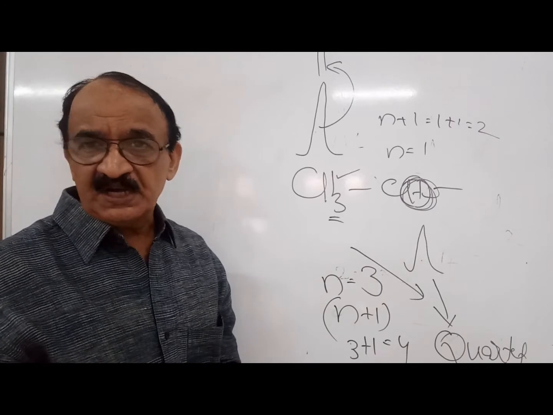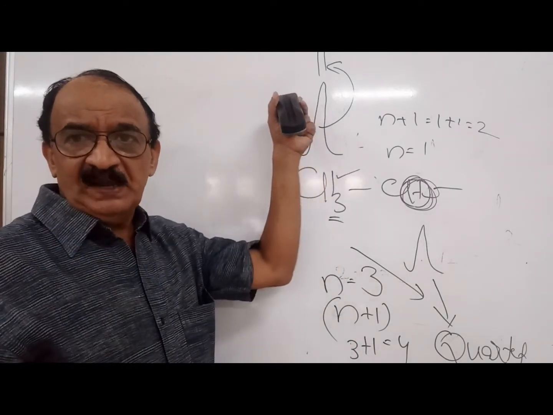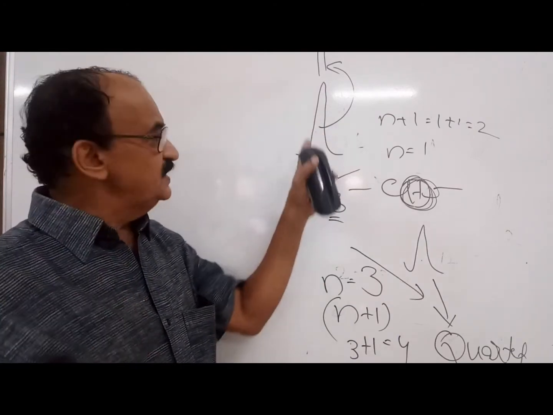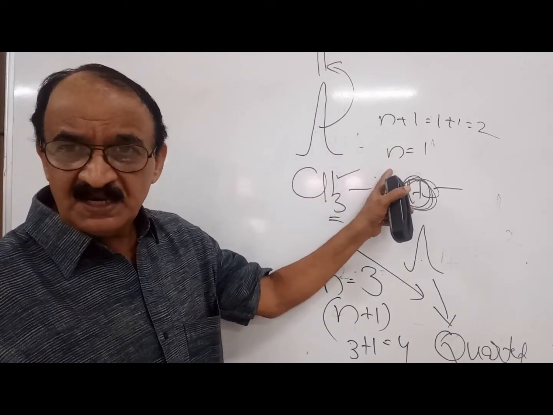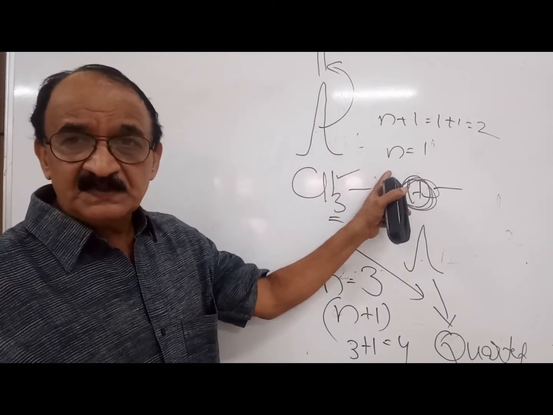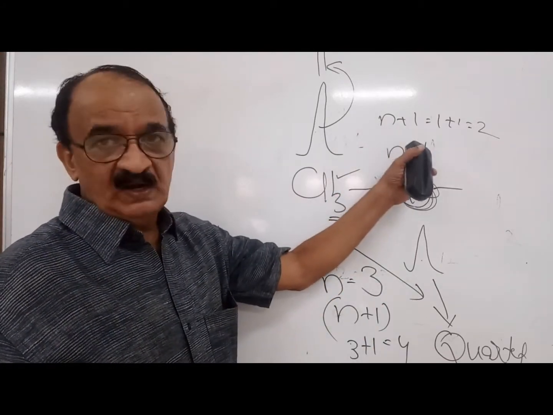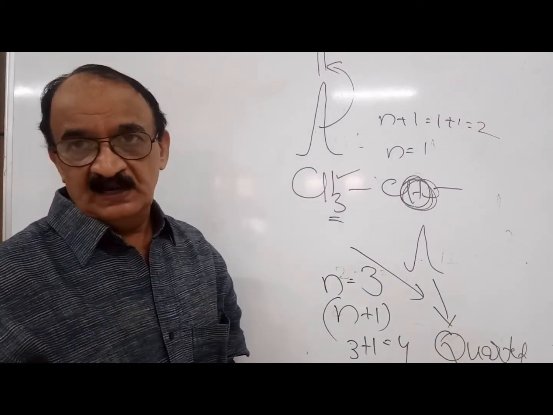Due to the interaction, a signal will be split into a multiplet. The number of subsignals produced in a signal depends on the number of neighboring protons. The number of subsignals is equal to n plus 1, where n is the number of neighboring protons.